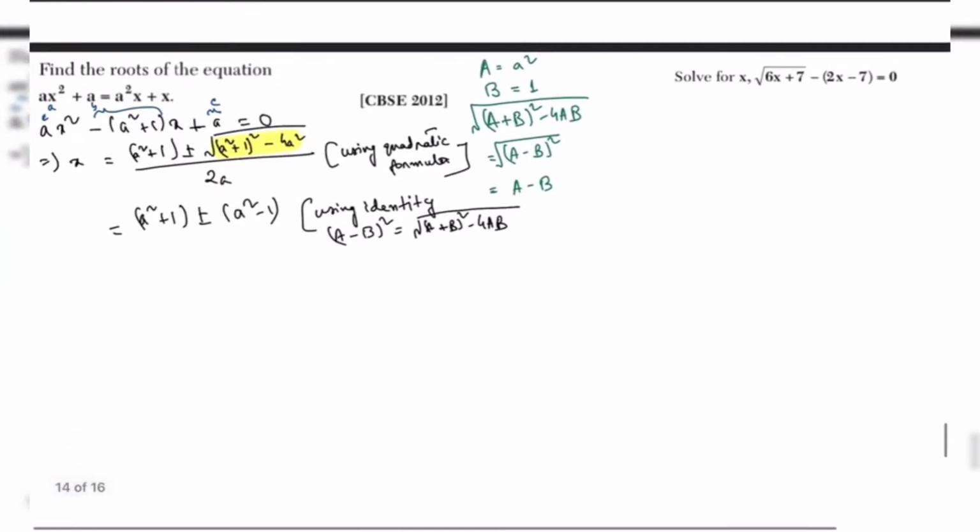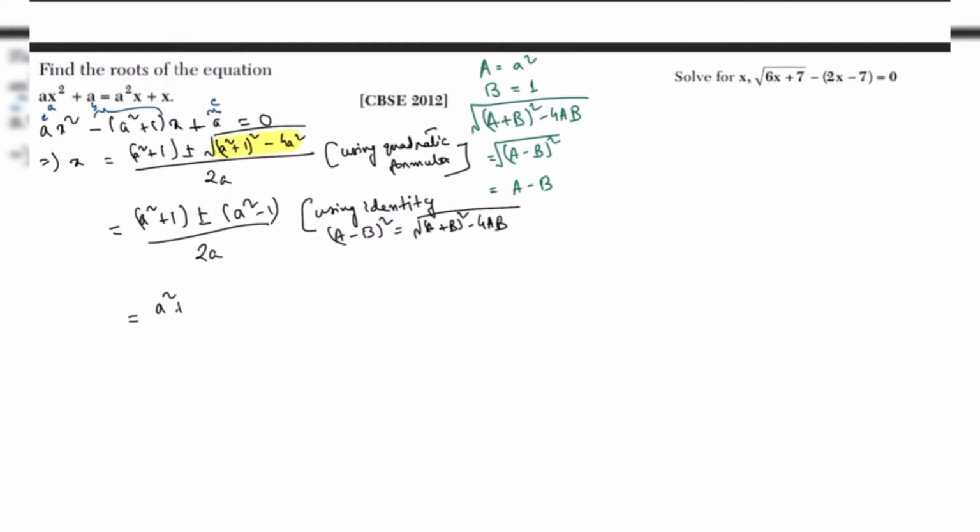Okay, so from here what do we get? Oh, we have to divide by twice a as well. Okay, so we have a square plus 1 plus a square minus 1 divided by twice a, or a square plus 1 minus a square plus 1 divided by twice a.